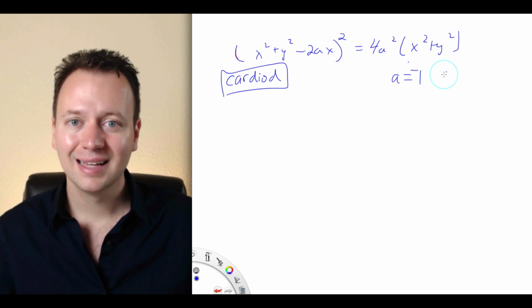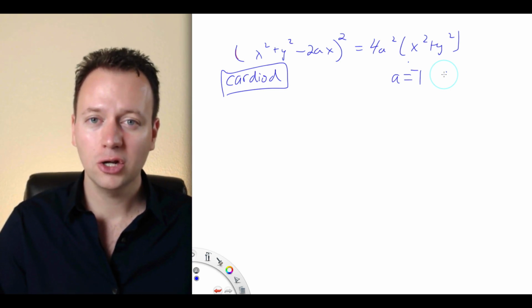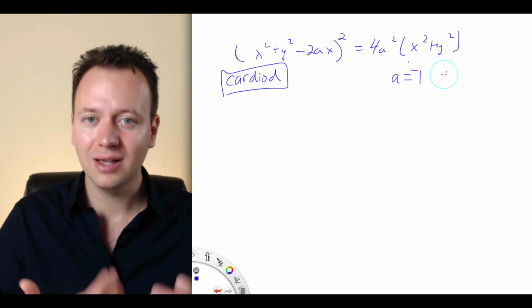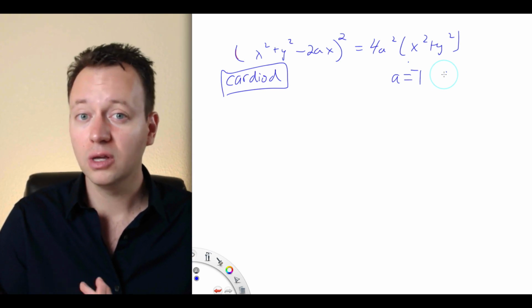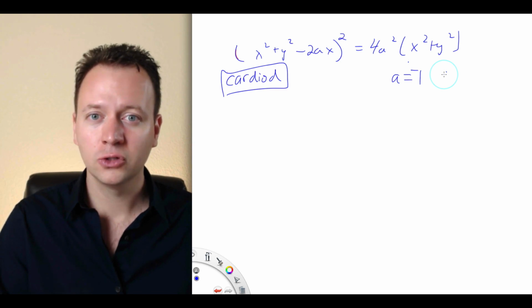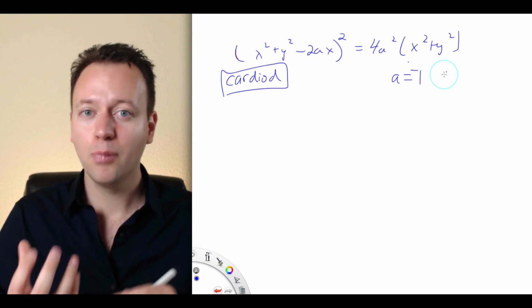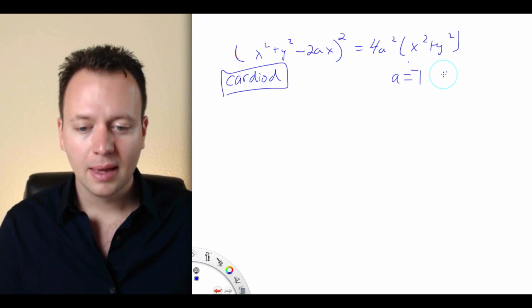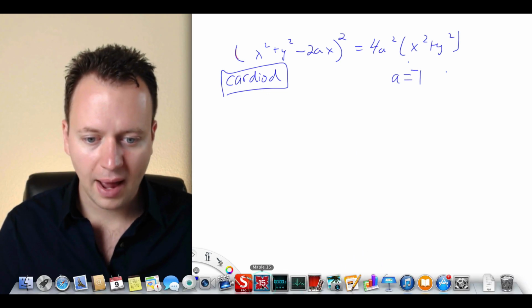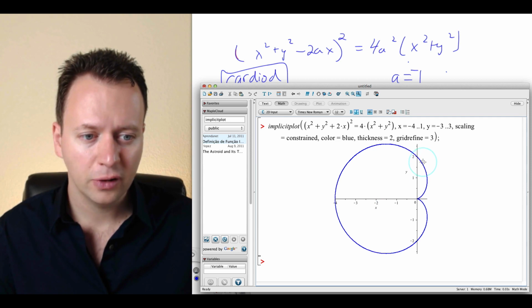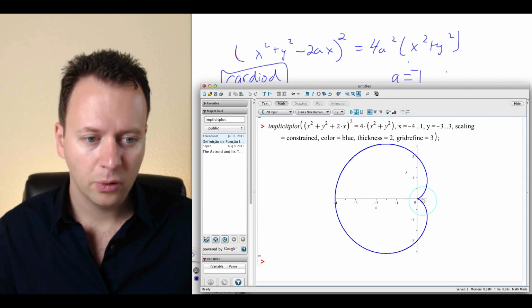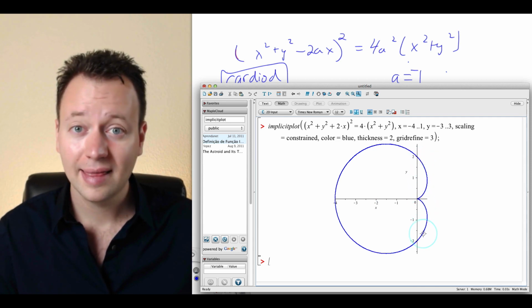Now, since this implicit equation has no functional dependence, y is not a function of x, the derivative dy/dx will not depend solely on x. It will depend both on x and y, because as we can see from the graph, the slope of the tangent line is going to be different at this point, at that point, at this point, and at that point.